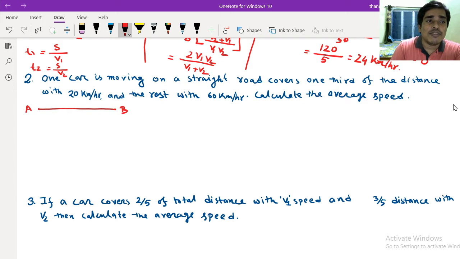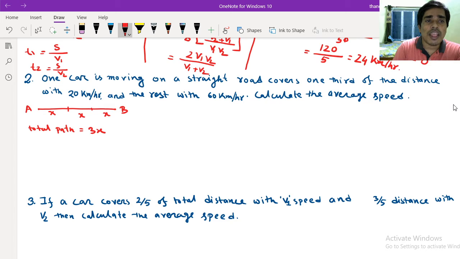The car covers 1/3 of this. Suppose this is distance x, this is x, and this is x. The total path will be 3x.